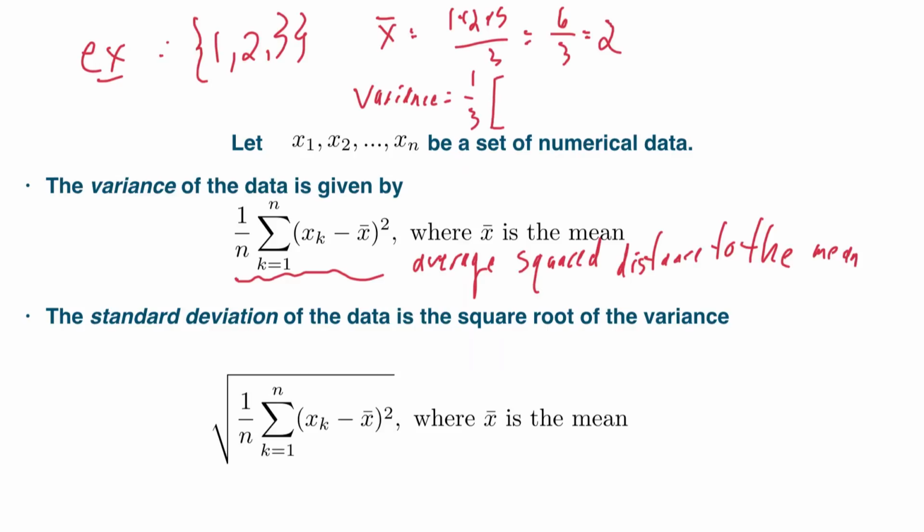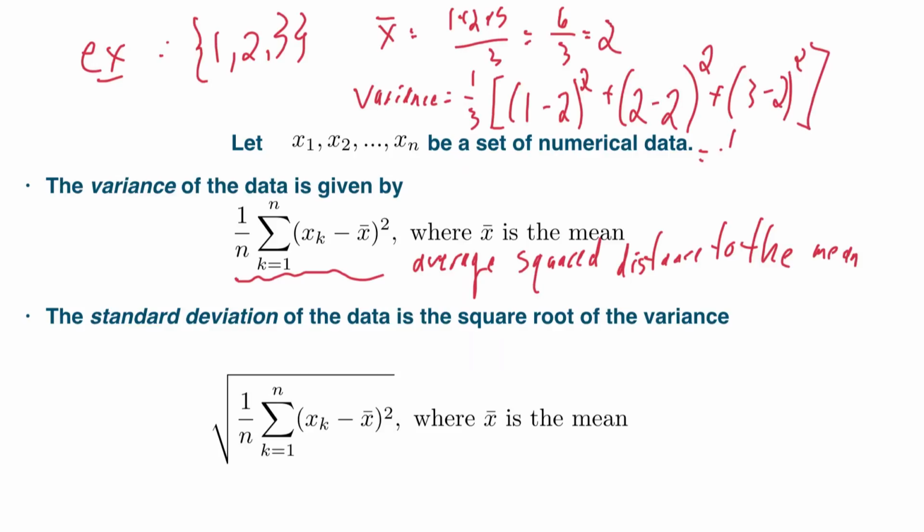And then what does this sigma sum correspond to? Well, I do the first data point, 1, minus the mean, squared, plus the second data point, 2, minus the mean, squared, plus 3 minus the mean, squared. So 1/3, this is 1 plus 0 plus 1. So the variance is 2/3 in this case.